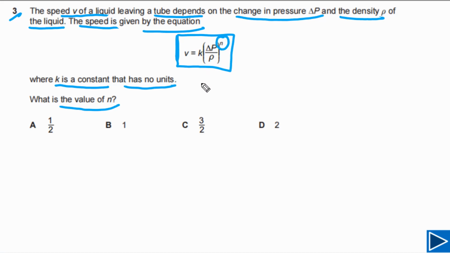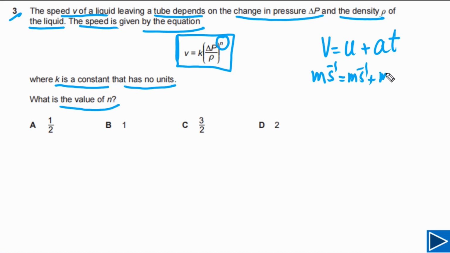Now we need to understand that if an equation is correct, it has to be homogeneous, and a homogeneous equation must have the same units on the left side and on the right side. Let's understand this with a very simple example. v is equal to u plus a t. v, the final velocity, has the unit meters per second, and the initial velocity is also meters per second.